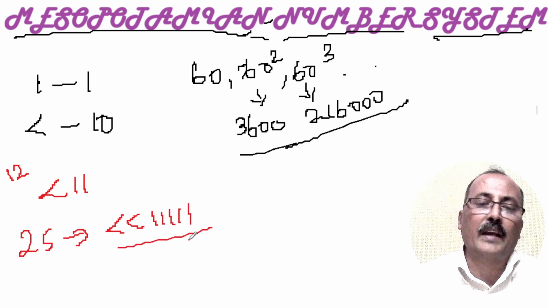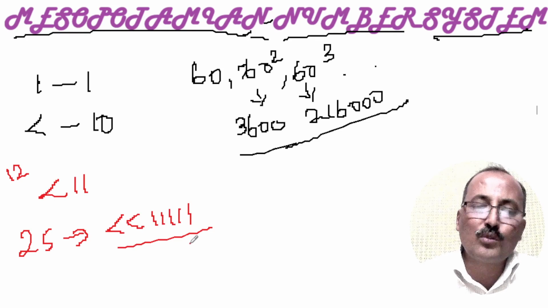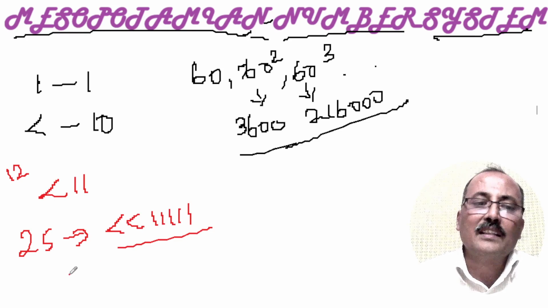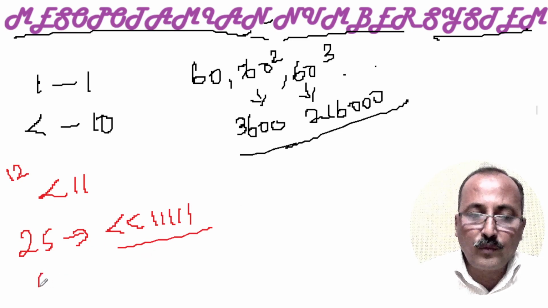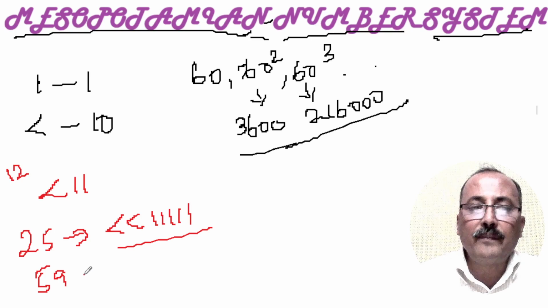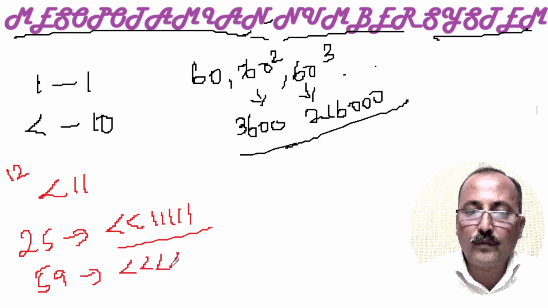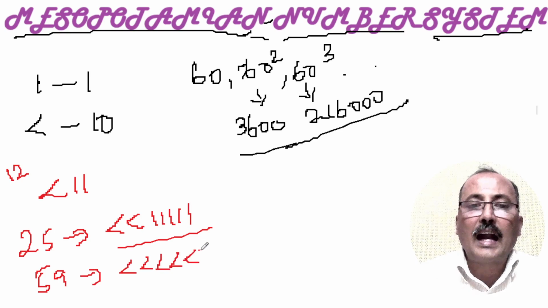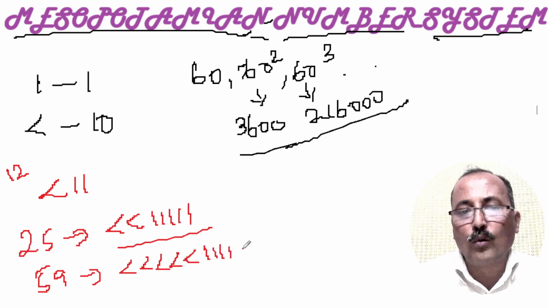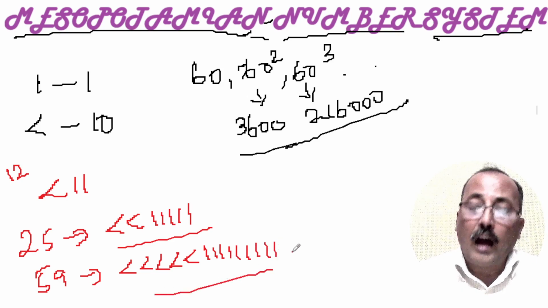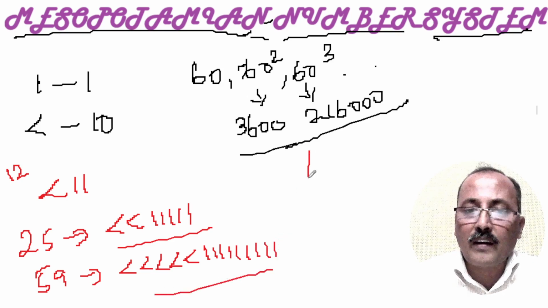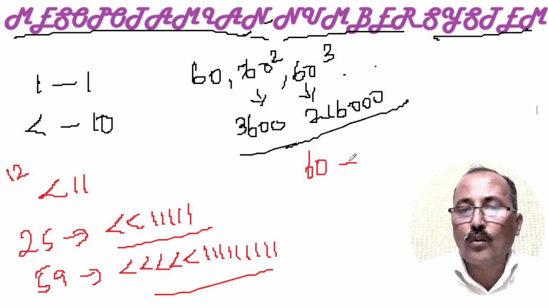This is 25. Remember, they mostly wrote smaller numbers only. Like this, they go right up to 59. For 59 they write 1, 2, 3, 4, 5 tens and 1 through 9 ones. This is 59. After 59, if they want to write 60, they just wrote it as the single 1 symbol.